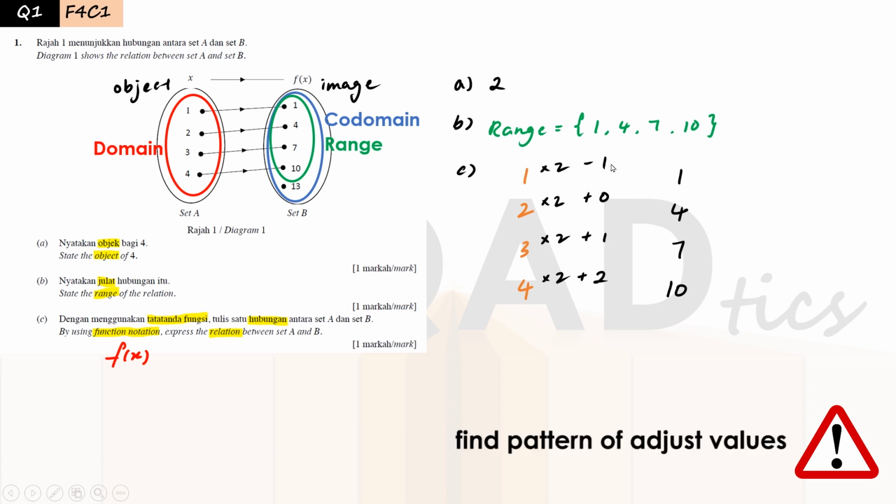Now to find the pattern of these adjusted values, let me use back the values on the left side, because these are also changing. You can see that the adjusted values have a pattern, which is adding 1. I can use back the left side values because these values are also adding 1.